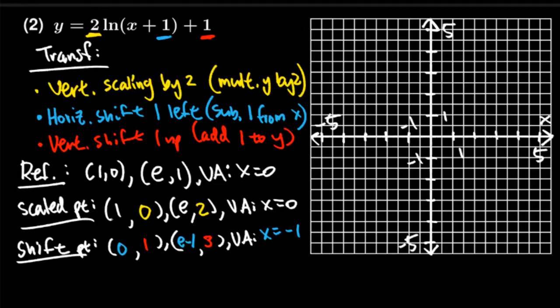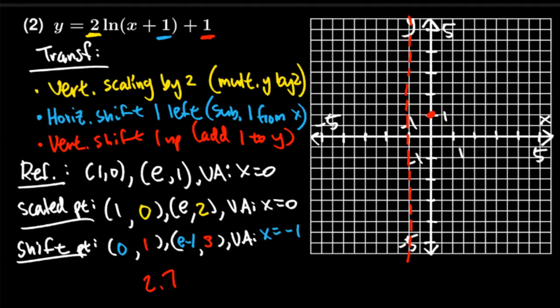Anyway, let's look at this. So, we see we have a vertical asymptote at x equals negative 1, so let's just draw an asymptote. And we have the point 0, 1. And okay, e minus 1. What's e again? E is about 2.7-ish.